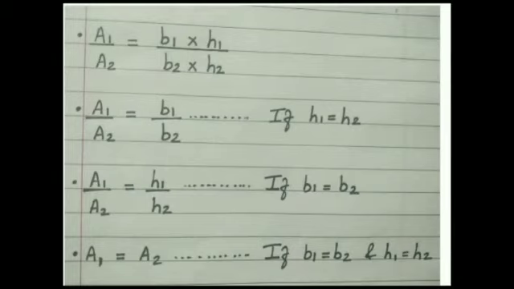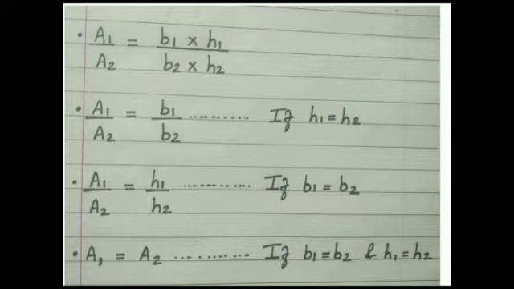Let's sum up all the three conditions again symbolically. So we have a main property A1 upon A2 is equal to B1 into H1 upon B2 into H2. A1 upon A2 is equal to B1 upon B2 if H1 is equal to H2.